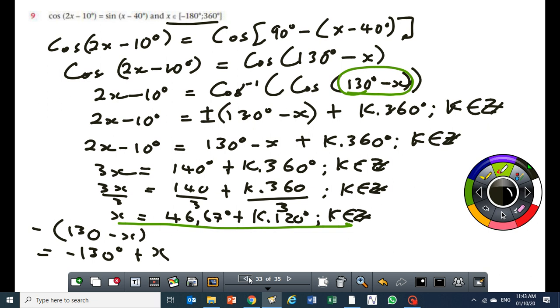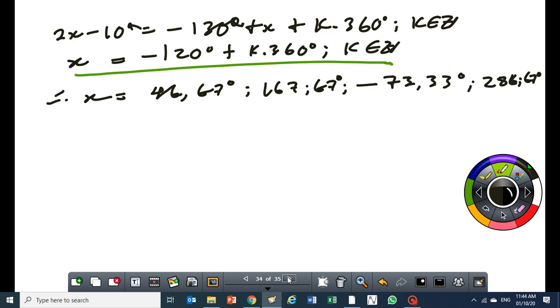Let's move on to the second one. This one. If I put k equal to 0, I'll get 0 plus minus 120. So minus 120 is a solution. Okay? Then if I put k equal to 1, I'll get 360 plus minus 120, and I'll get 240 degrees. It's a solution.